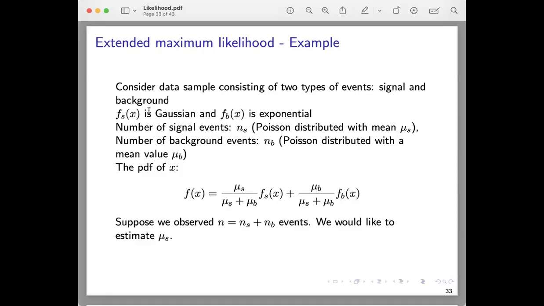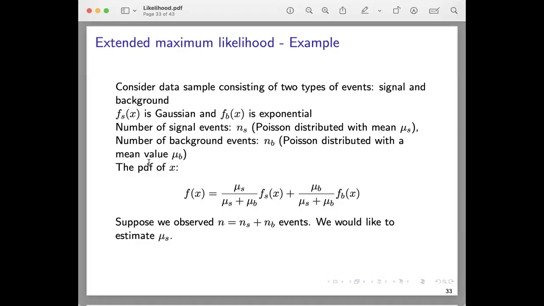The number of signal events is ns, which is Poisson distributed with mean mu s, and the number of background events is nb, which is also Poisson distributed with a mean mu b. What we want to estimate is ns and nb. Now you can rewrite this PDF as we said, factorizing the PDF as theta j times f j.